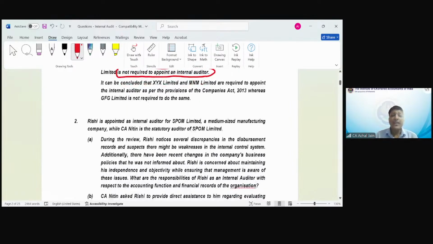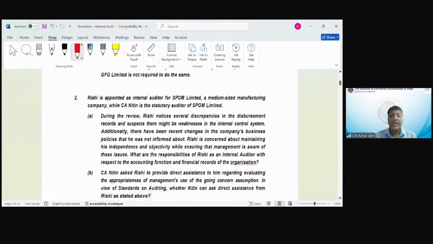Rishi is appointed as internal auditor for SOM, a medium-sized manufacturing company, while CA Nitin is the statutory auditor. Okay, Nitin is statutory auditor, Rishi is internal. Now, during the review, Rishi, the internal auditor, notices several discrepancies in the disbursement records and suspects there might be weaknesses in the internal control system.